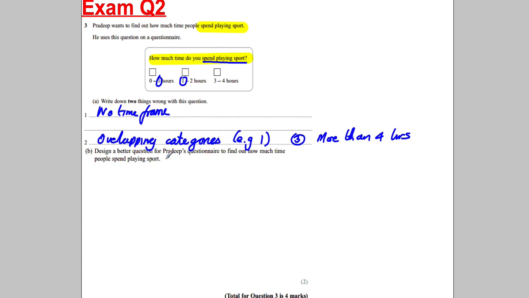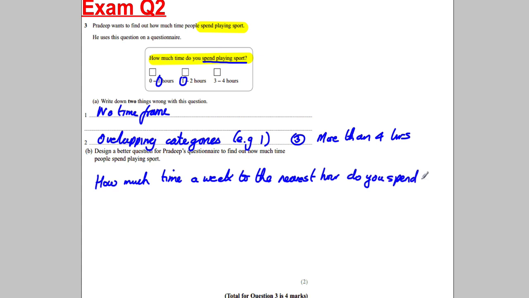Design a better question for Pradeep's questionnaire to find out how much time. So copy the same question but put time frame in. So just write how much time a week, let's say. So that'll get you the mark. To the nearest hour, do you spend playing sport?